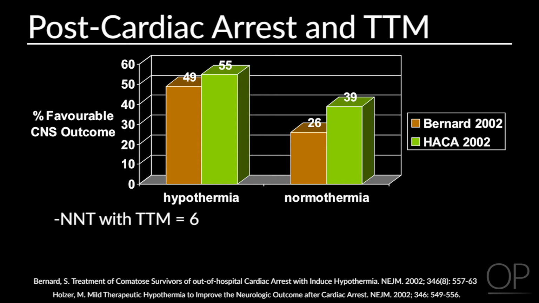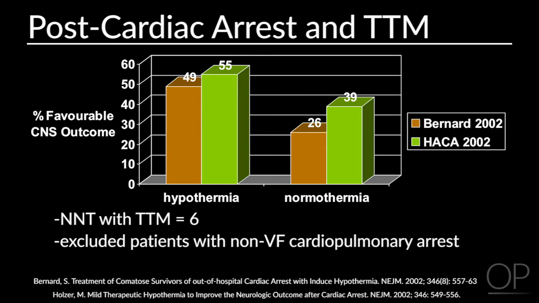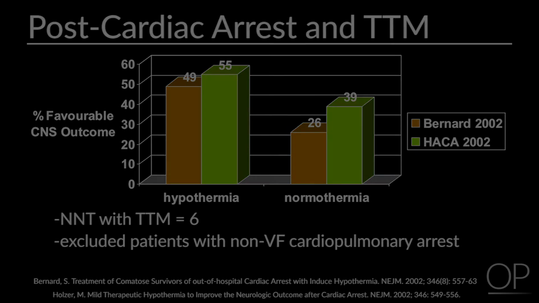Now, I think a point that's very relevant for us to remember is that this study was just in victims of ventricular fibrillation. There were no patients that had non-VF cardiopulmonary arrest, as in what we see with children and with asphyxial cardiac arrest. They were intentionally excluded from these trials.